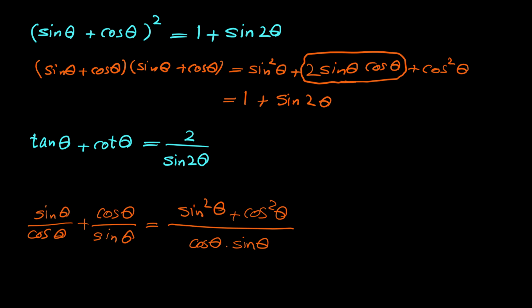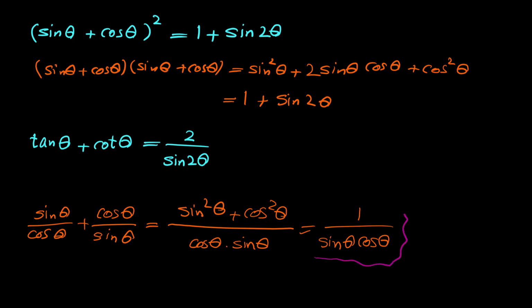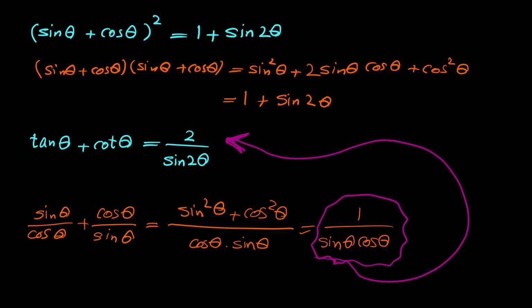Again, sine to the 2 plus cosine to the 2 is 1. So we have 1 over sine theta cosine theta. Now, attention that we want to get from this side to the other side, to this.